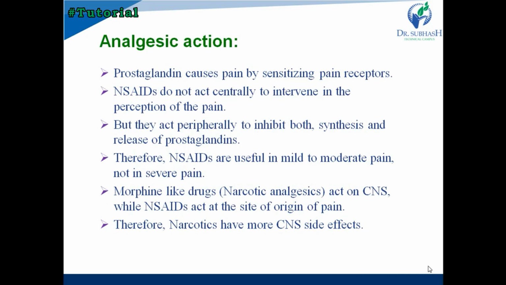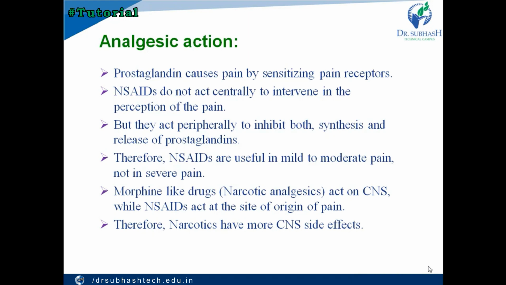Then, this was the mechanism of anti-inflammatory action of NSAIDs. Next is analgesic action. As we know, prostaglandins are the main responsible components for pain and inflammation. So prostaglandin causes pain by sensitizing pain receptors, and NSAIDs block their production, so the pain will be removed. But here we have to mark one thing: NSAIDs do not act centrally, but they act at the site of pain.